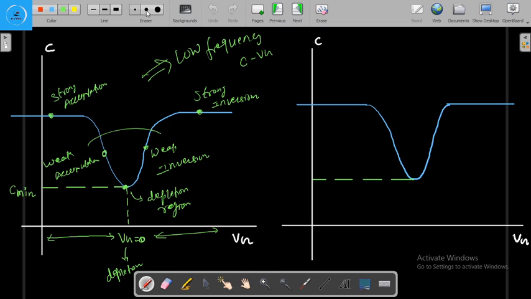So for the high frequency, the graph will be like this.